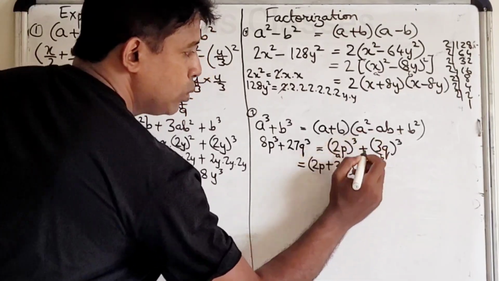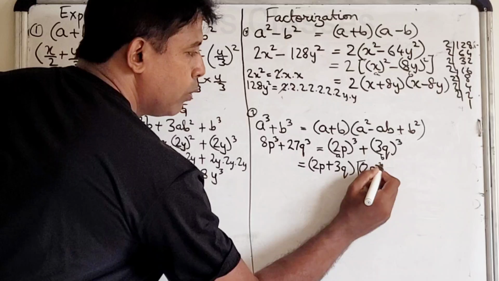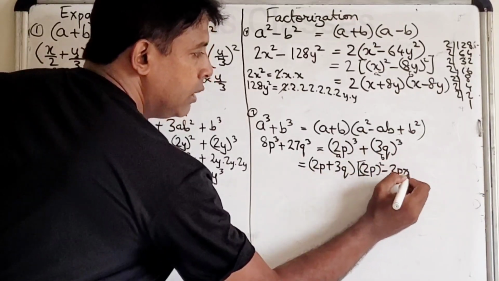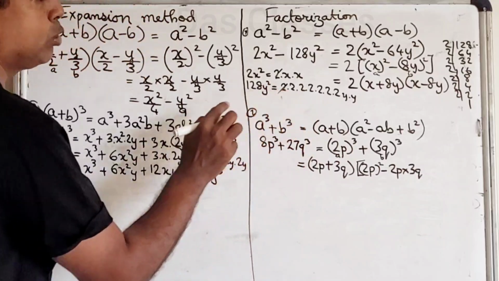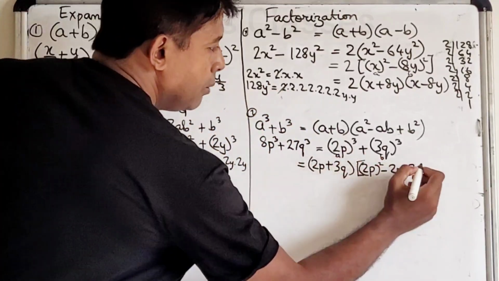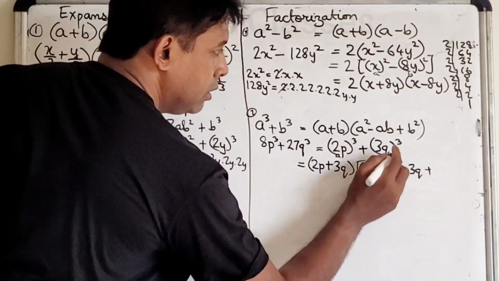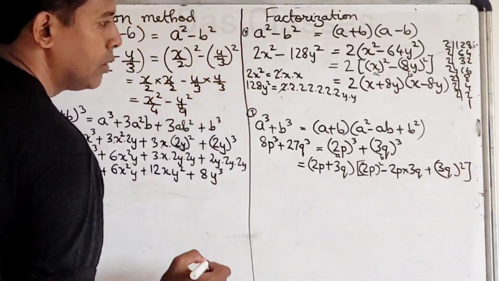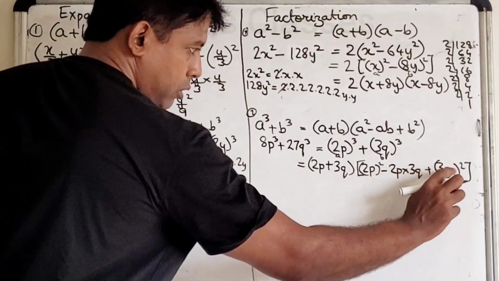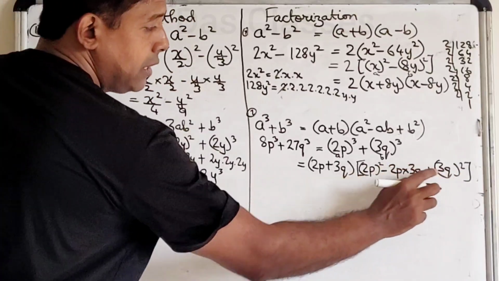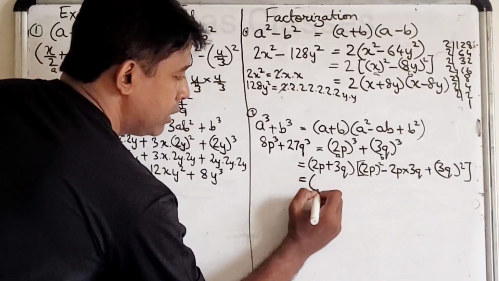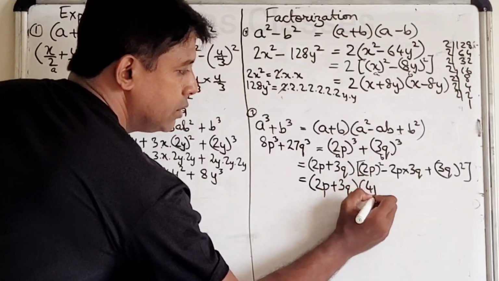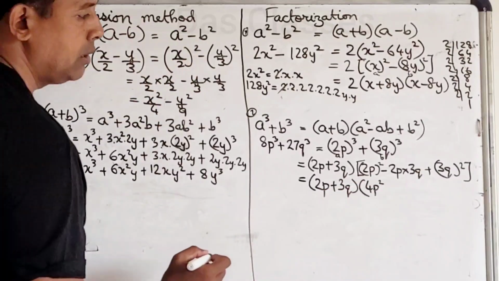A plus b, that is (2p plus 3q). Next is a square. A square is (2p) square minus a again is 2p into 3q. I put a dot over here. Dot means I'm in multiplication. Plus b square. B is (3q) square. Don't forget to put the brackets whenever there are two terms, so that you don't commit mistake. (2p plus 3q) would be equal to 2p is 4p square.